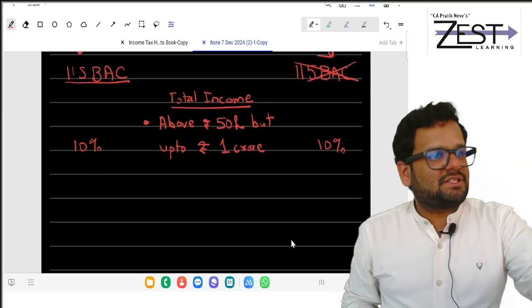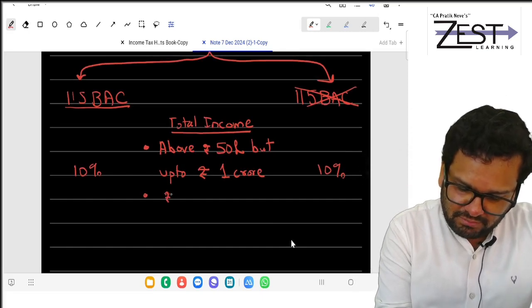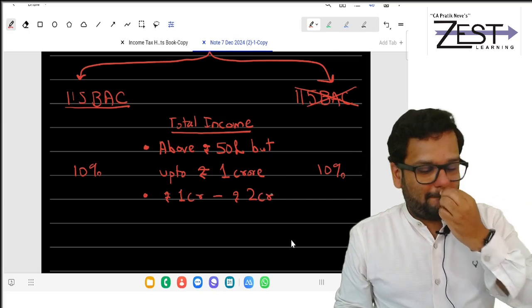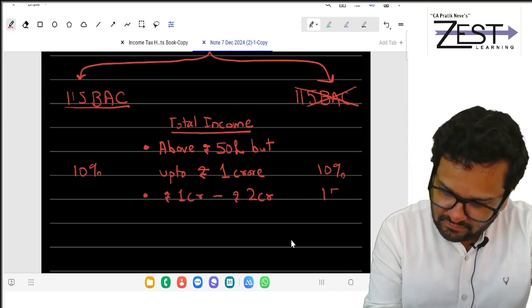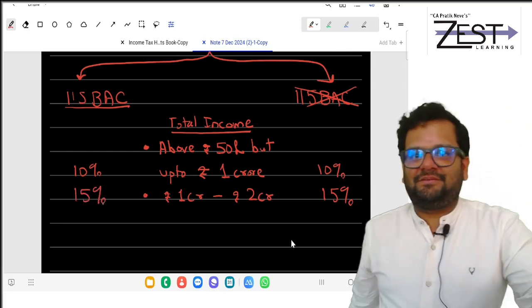Now can I consolidate like this? Between 1 crore to 2 crore range, then it is 15%.